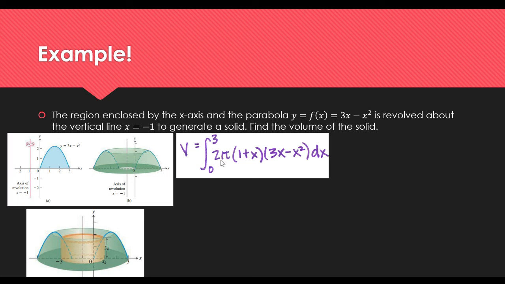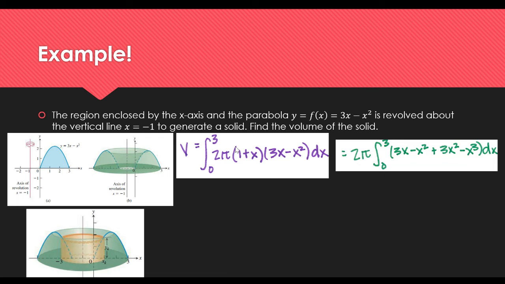And so then my equation that we just looked at said we take 2 pi, and then it's x minus L. So x minus -1 would be x plus 1, times my equation, 3x minus x squared dx. So when I'm finding that integral, the first thing I'm going to do is FOIL these guys together.